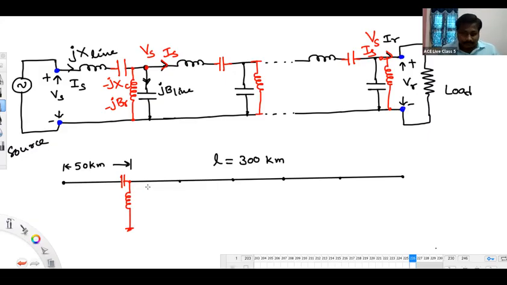All of you getting me? At this point also, I will be keeping the same. So at the end of each 50 kilometers length, I will be keeping an arrangement like this.